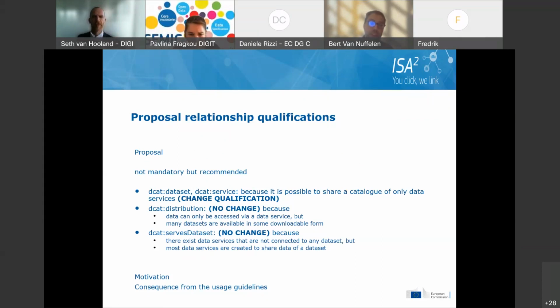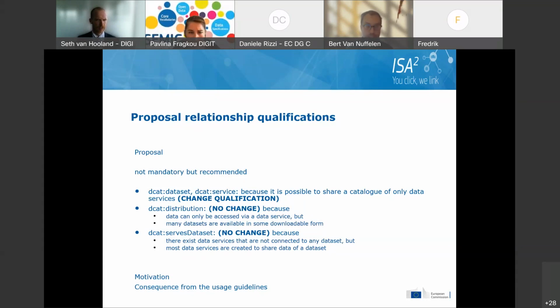At this moment, DCAT dataset is mandatory and DCAT service is recommended, I think. Whereas for distribution, for a dataset has a distribution, at this moment it is recommended. And if we look from a service to a dataset, then service dataset is as well recommended.